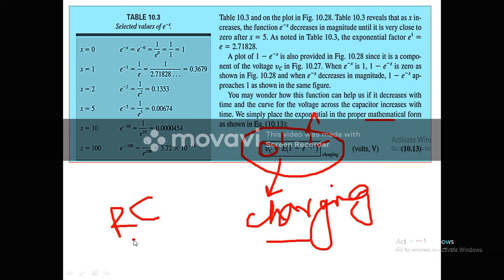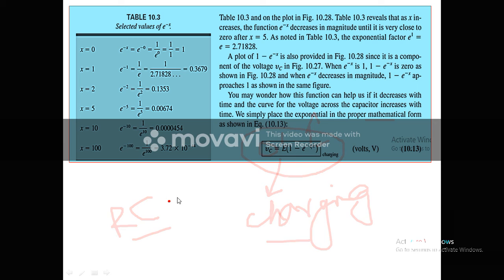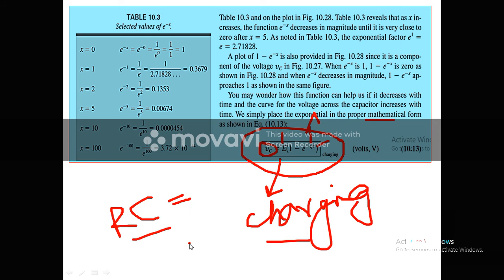This time constant defines the rate of charging or discharging, that is, how speedily it charges or discharges. If 5 tau is, for example, 50 seconds, it means it will completely charge or discharge in 50 seconds.